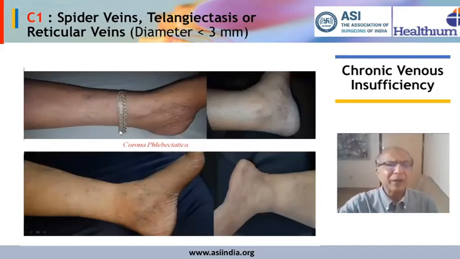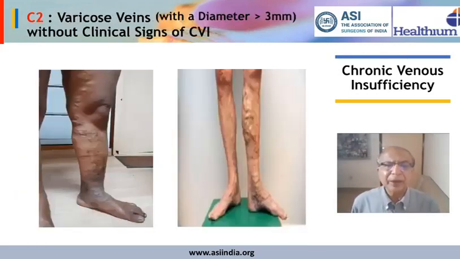You can see a more spread and very clearly visible telangiectasis or spider nevi in C1, all less than 3 millimeters in diameter, and all mostly in the leg and the foot area. This is varicose vein, long, tortuous, prominent veins, more than 3 millimeters, in C2, when they do not have any other symptom of chronic venous insufficiency.